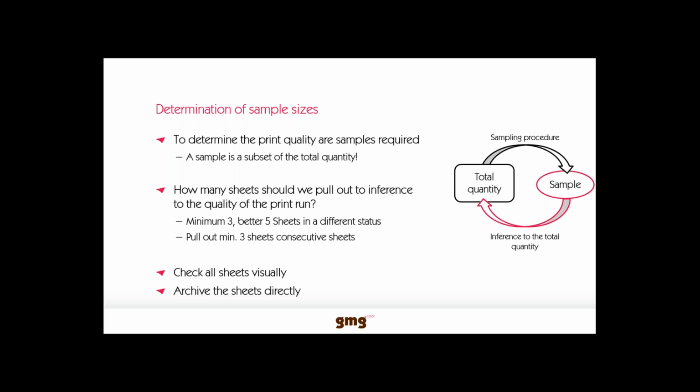One sheet for the measurement, one sheet as a backup, and one sheet for archiving. And archive the sheets directly after the print, protected from the light. And all sheets should be checked visually and should be labeled immediately, so that you know which sheet was pulled out, at which time, and so on.